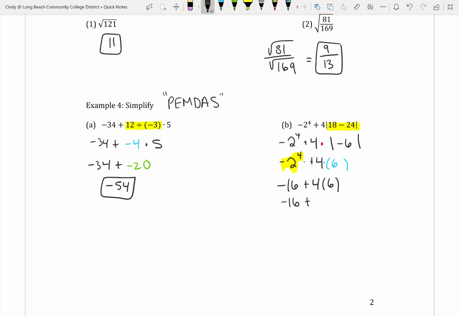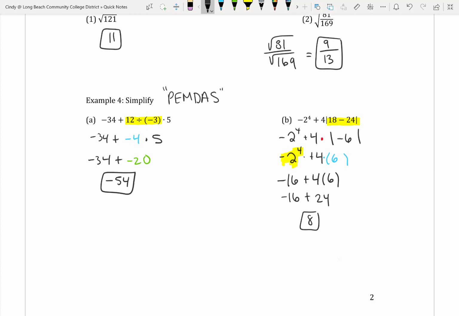Well, I know that multiplication is stronger than addition, and 4 times 6 is actually 24. And I'm going to add to it a negative 16, and that is going to give me a positive 8 as my final answer. So positive 8 is going to be my final answer for that one. Okay?